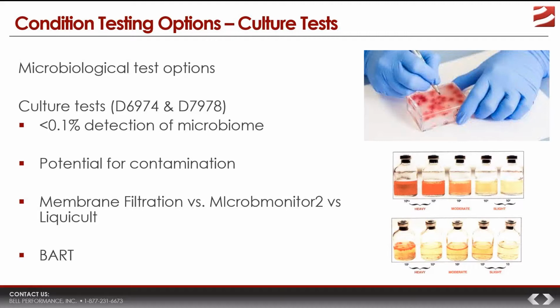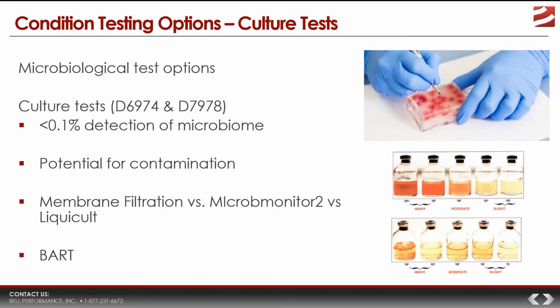There's also Microbe Monitor 2, D7978. That is what's being pictured by that guy in the blue latex gloves. It's a glass bottle, and it has this stuff they call thixotropic gel. Thixotropic gel refers to gel that actually moves faster when you shake it than when you leave it still.